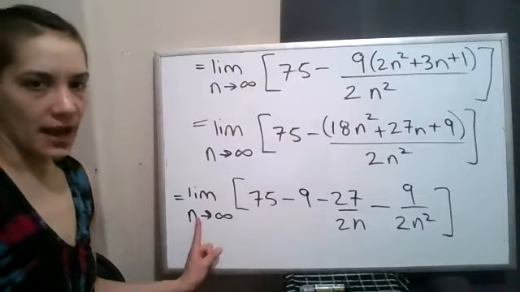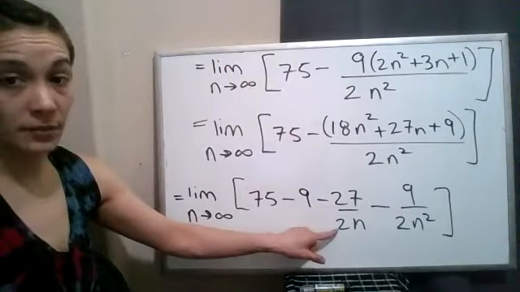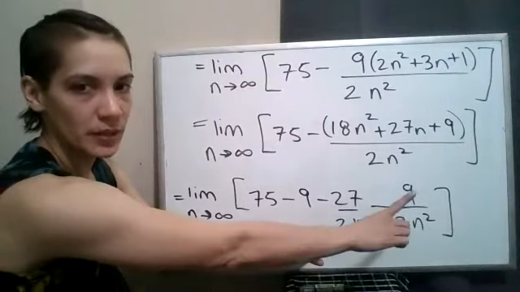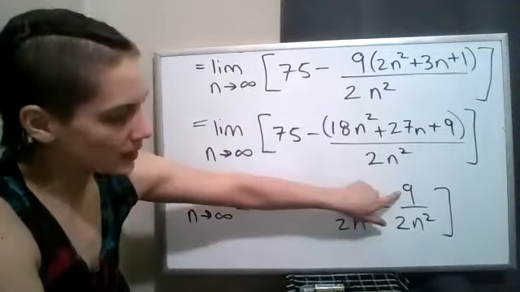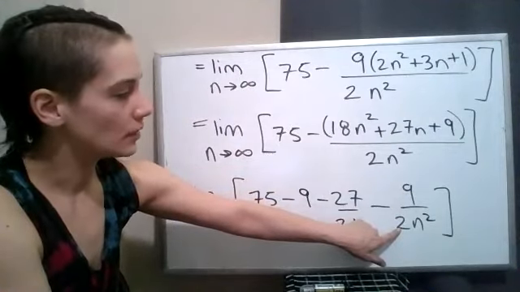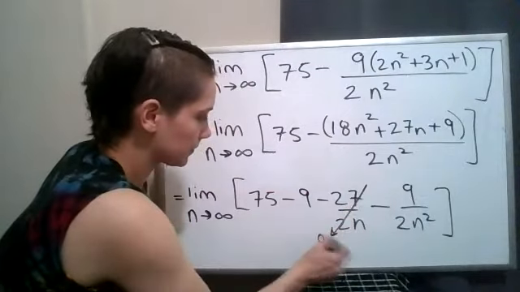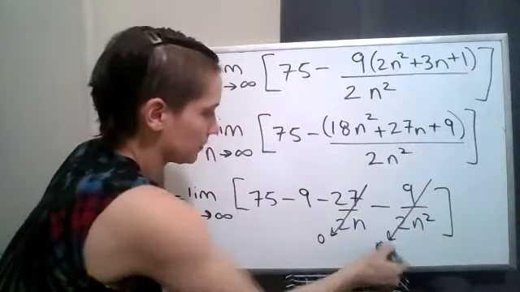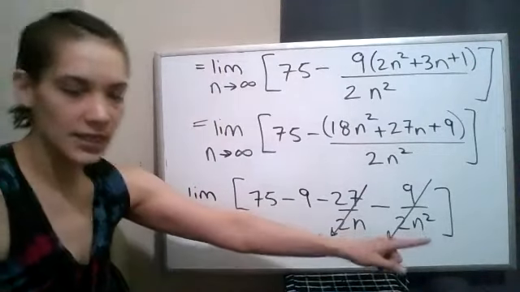Then we can have n go to infinity. So this is a number over something growing bigger and bigger and bigger, which means this goes to 0. Same here. This number is fixed. This value gets bigger and bigger. So this goes to 0. And the limit is going to be 75 minus 9, which is 66.